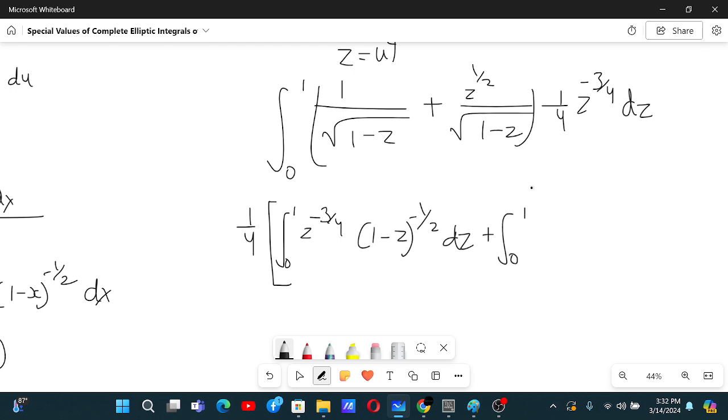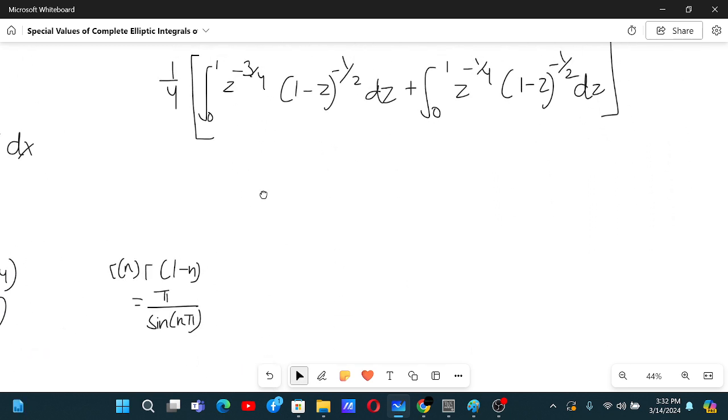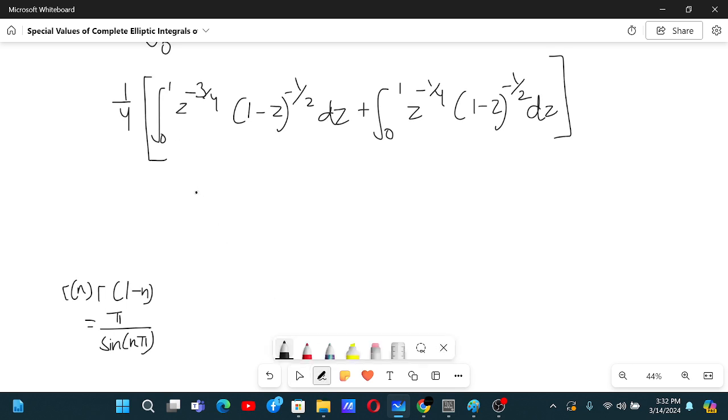This is 2 by 4, so g to the power minus 1 by 4 times 1 minus g to the power minus 1 by 2 dg. Now you use the beta function. 1 by 4 times beta of 1 by 4 comma 1 by 2 plus this is beta of 3 by 4 comma 1 by 2.